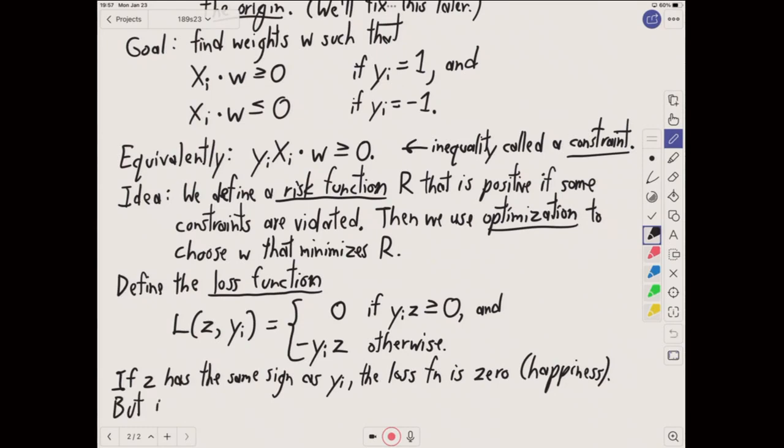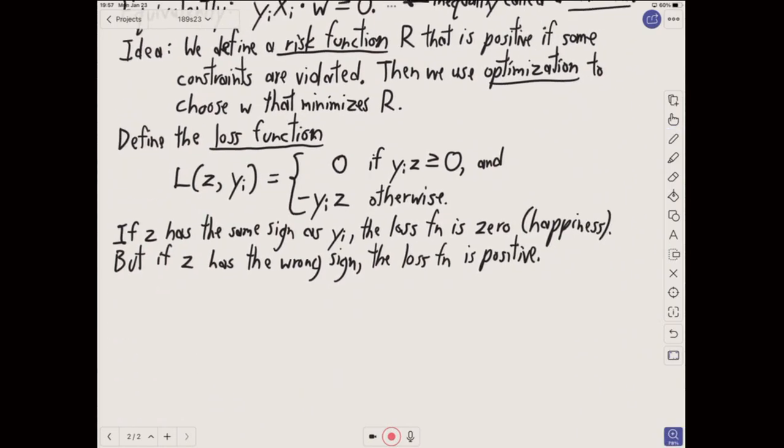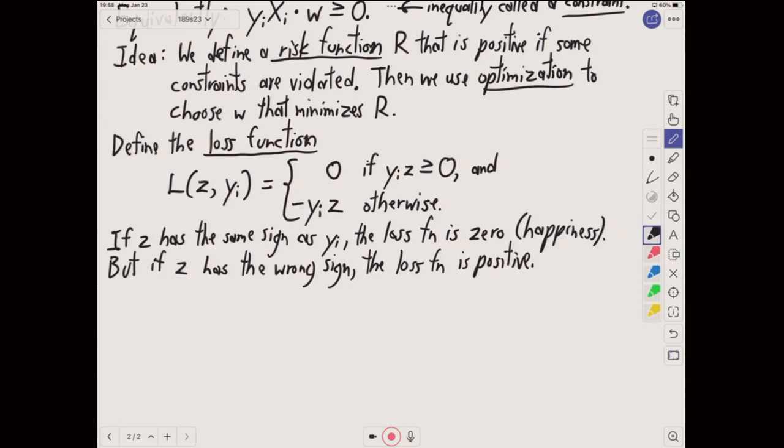But if our prediction has the wrong sign, then the loss function is positive, and we are unhappy, and we want to fix that. So, in a sense, for each training point, we're trying to squeeze down its loss function to 0, or at least as close to 0 as possible.